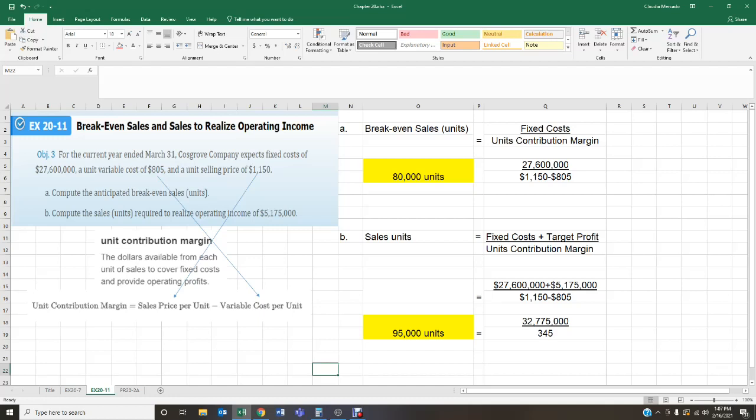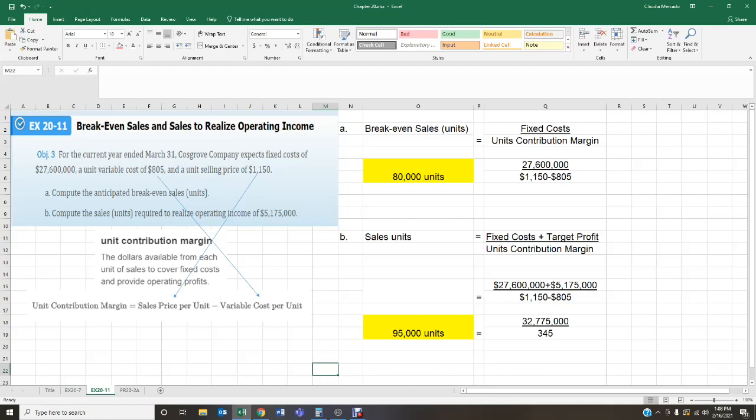This is a very straightforward problem. I really enjoy it because it helps us understand how to calculate the break-even in sales, how many units I have to sell to break even, and then how many units I have to sell to generate a specific operating income. That way we're able to say, management, if you want to generate 5 million, this is what we have to do.